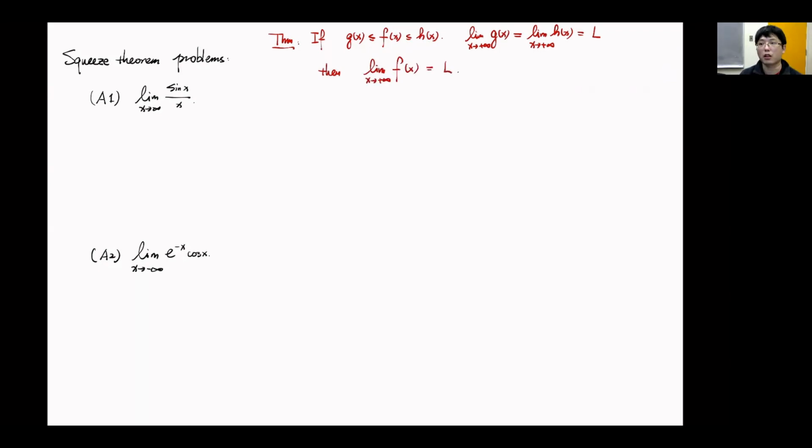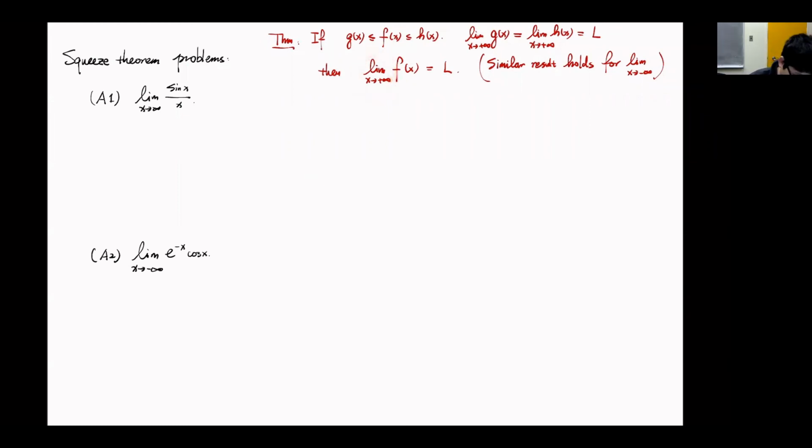So this is basically the version of the squeeze theorem at infinity. The statement is basically the same, except that the limit is now taken at positive infinity. If you replace the limit to be taken at negative infinity, then a similar result holds for the limit at minus infinity. All right, so this is the version of the limit at infinity for the squeeze theorem.